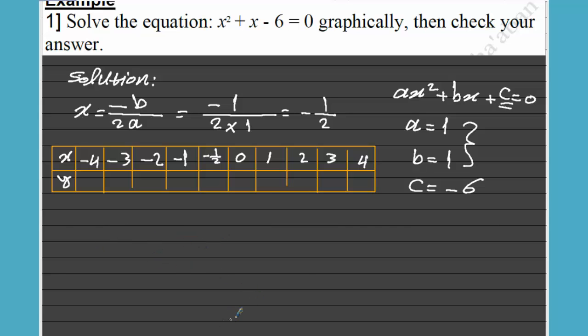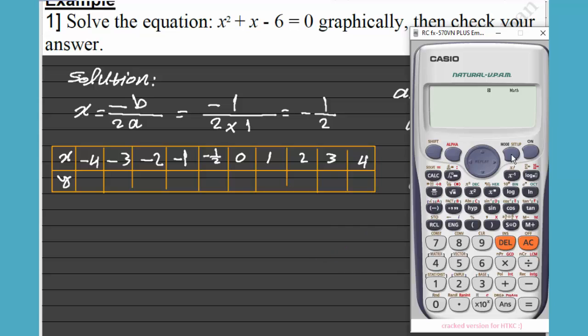Now we can use the calculator to complete the table. Mode, here is the table, so we press 7. I write the function f of x, which is x squared plus x minus 6, and start from negative 4 and end at 4.